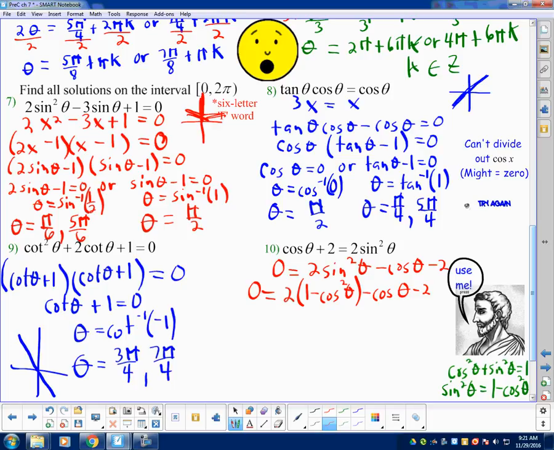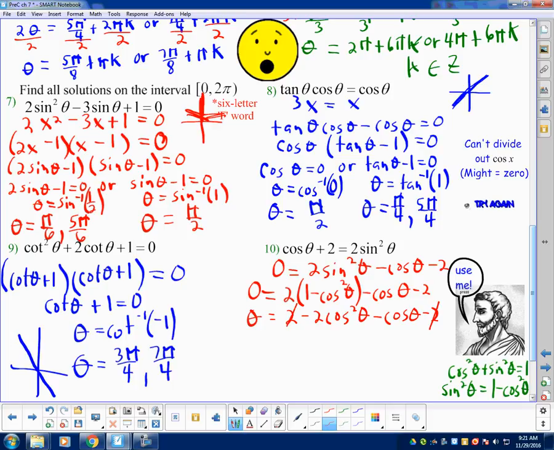I need to clean it up a little bit here. It doesn't look like a quadratic trinomial to me, but we can make it look like one. So here I have 0 equals 2 minus 2 cosine squared theta minus cosine theta minus 2. 2 minus 2 cancels out. I really don't want the negatives there.